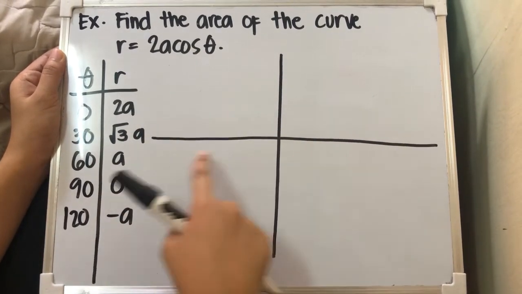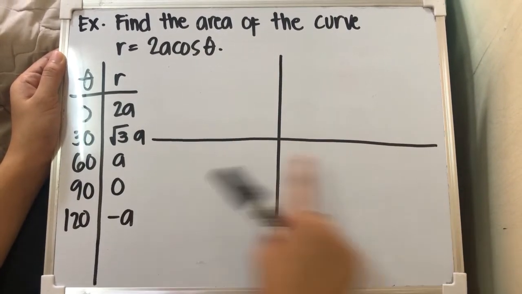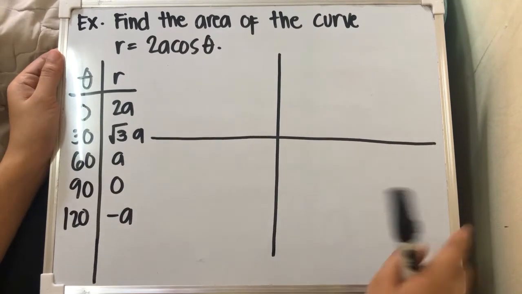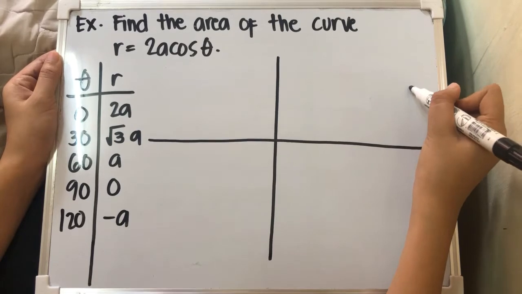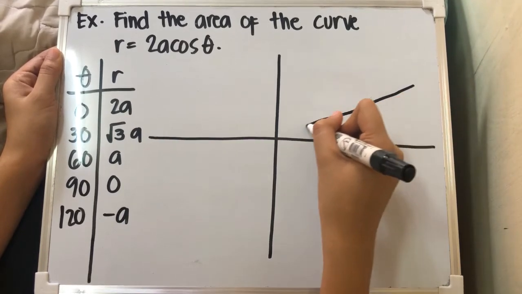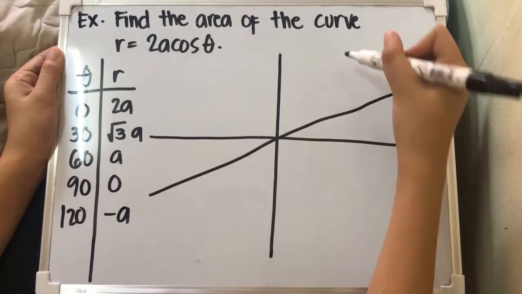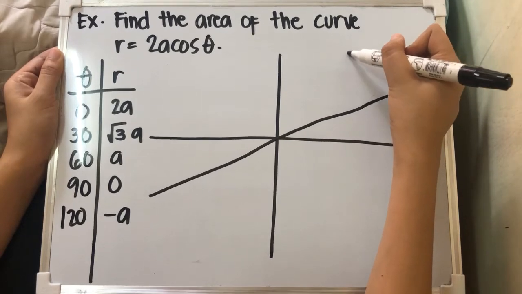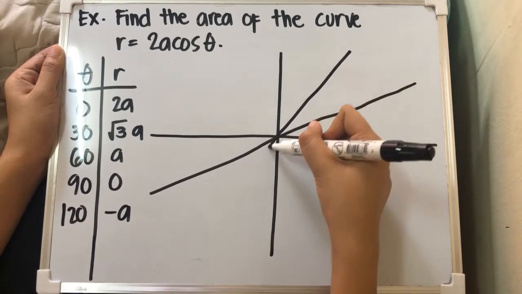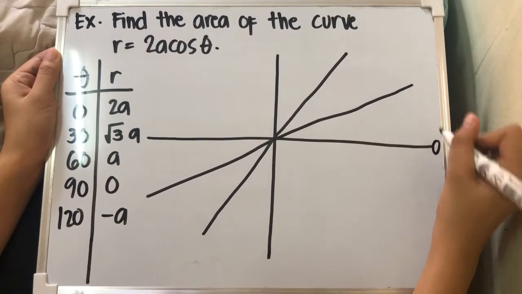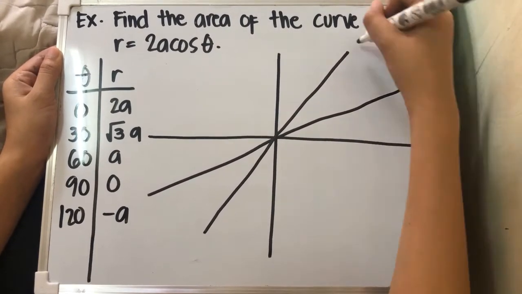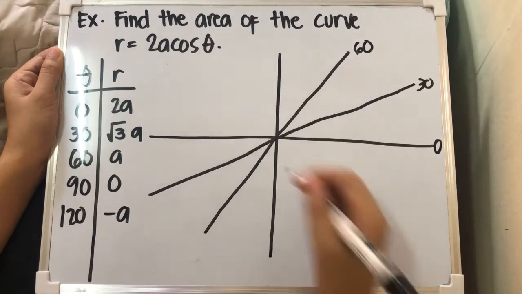We will not deal with the rectangular Cartesian plane, but we need to change this into a circular plane. This is our angle 0, this is 30, this is 60, and so on and so forth.